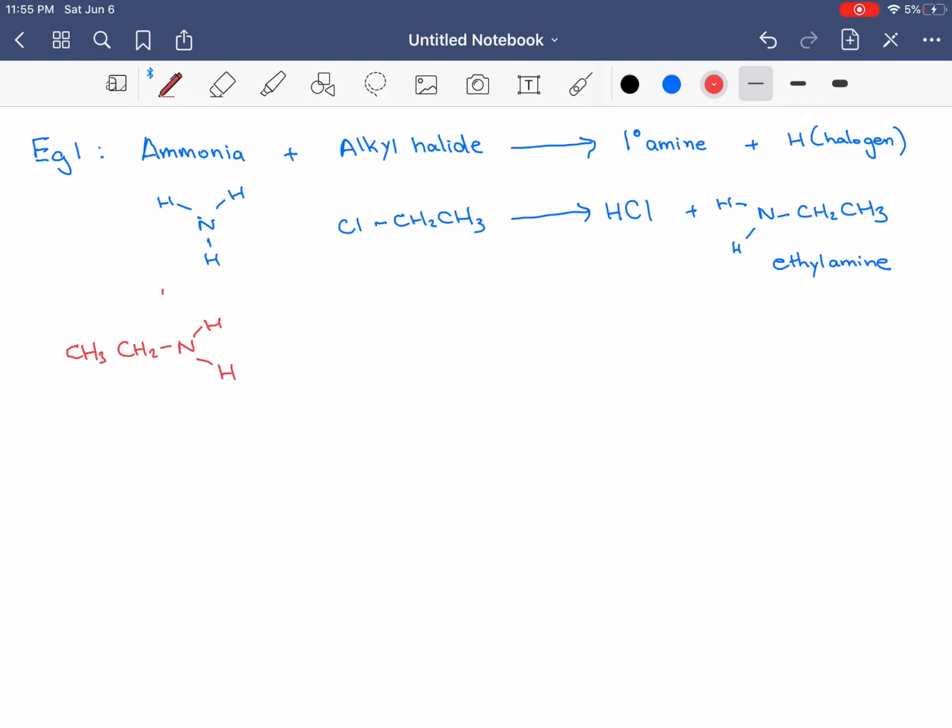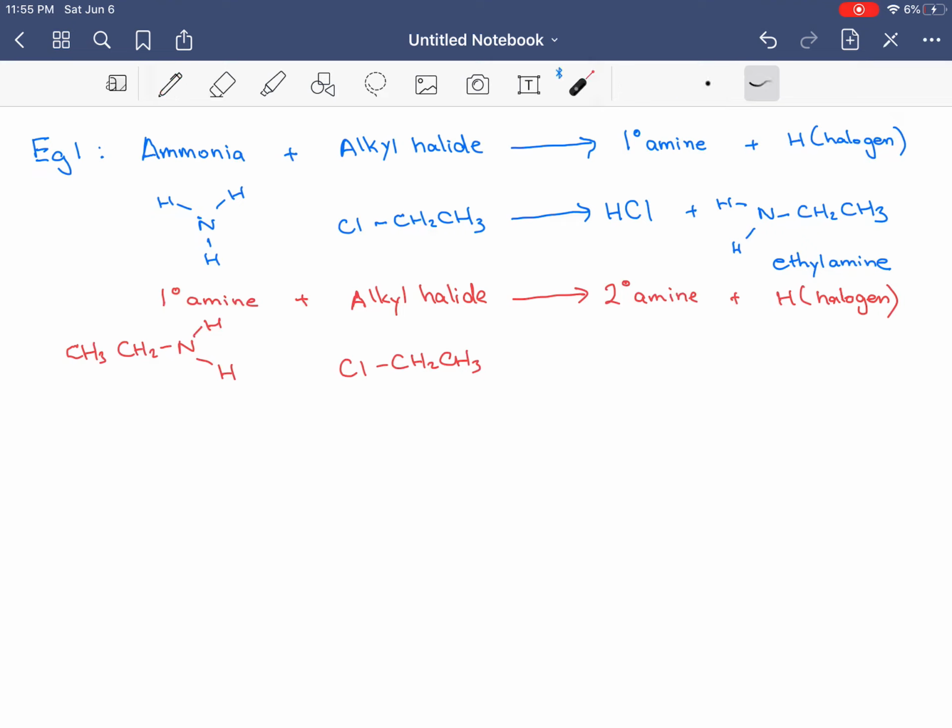Because if you take a primary amine and you react that with another alkyl halide, what you're going to get is a secondary amine plus another H halogen. So let's show that. Let's put together another chloroethane. HCl is going to form from either this H or this H. It really doesn't matter.